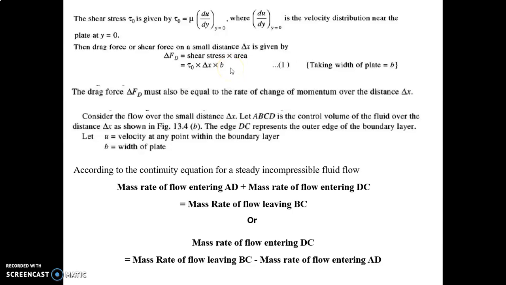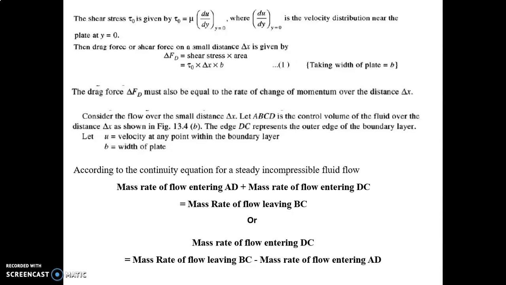The drag force can also be calculated by equating the rate of change of momentum over the distance del x. Let ABCD be the control volume of the fluid over the distance del x, and edge DC also represents the outer edge of the boundary layer.